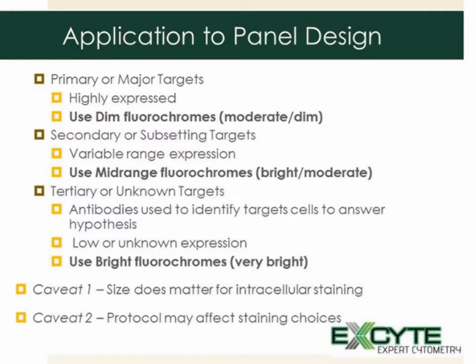For my subsetting targets, so secondary targets, I want to use a moderately bright fluorochrome that's going to give me good separation. So I'm going to try to find areas on my instrument where I don't have a lot of loss of sensitivity based upon all the other fluorochromes in my panel, so that I can properly find and subset, drill down to those cells of interest.